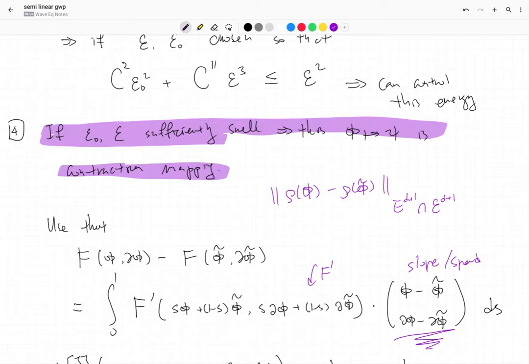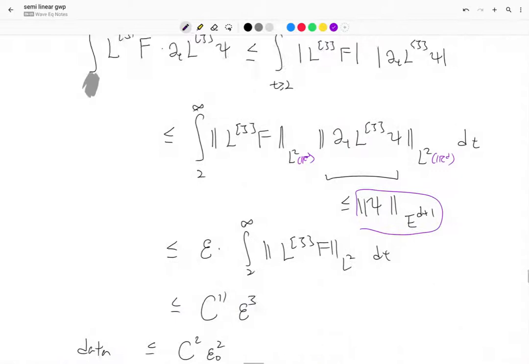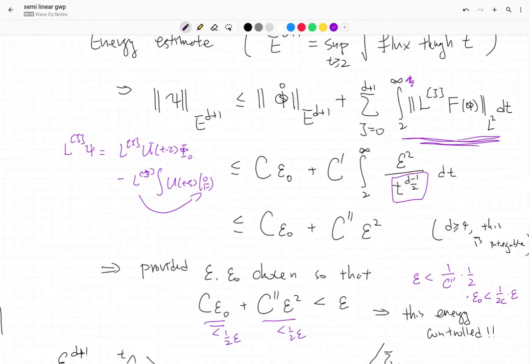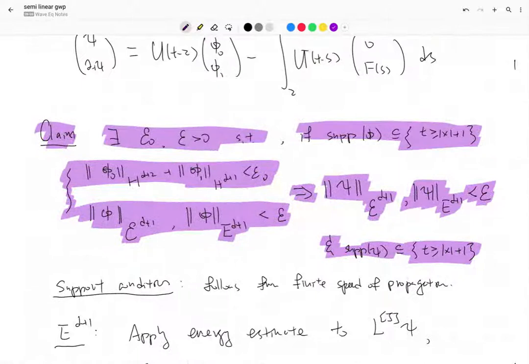Now why do I need epsilon naught sufficiently small over here? Because if we make epsilon smaller to make this mapping a self-consistent mapping, to make this claim hold, remember we had to choose epsilon naught small enough relative to epsilon.